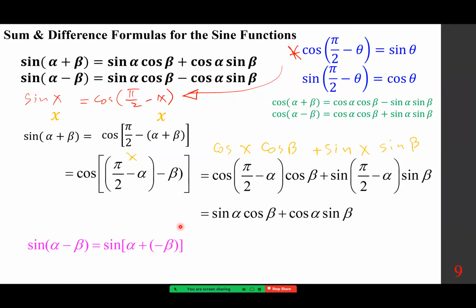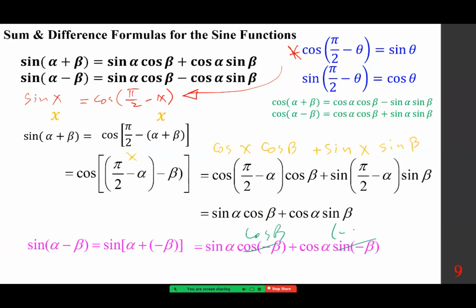So sine alpha cosine minus beta plus cosine alpha sine of minus beta. As you can see, cosine of minus beta is the same as cosine of beta, so that doesn't change, but this one is minus sine beta, and we proved this identity.